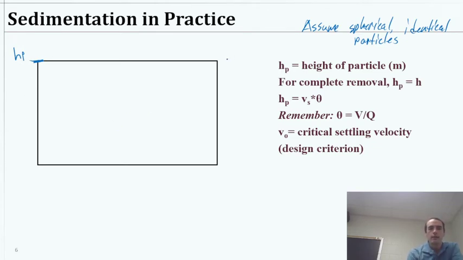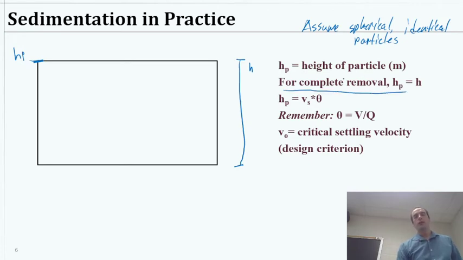So if this is our total height, H, then the height of the particle we're going to set to be that, in order to define a system that's going to remove all of our particles, which is more succinctly said right here. For complete removal, HP is going to be equal to H. So in that case, we're going to design our system based on that.